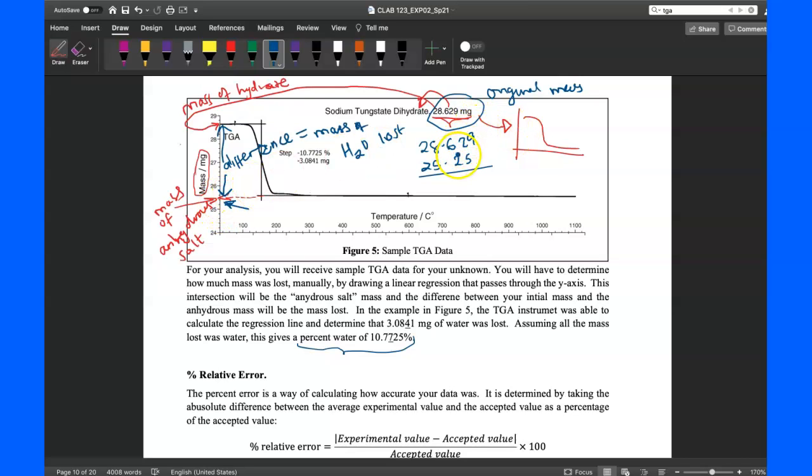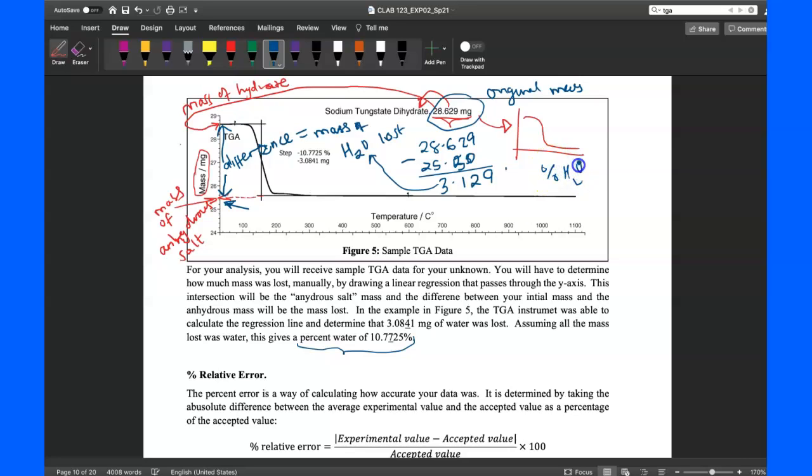Let me say 25.5 roughly. So the difference is going to be 9, 2, 1, and then 3. That is going to be equal to the mass of water lost when you subtract the final mass from the original mass. So to find the percentage is simple.